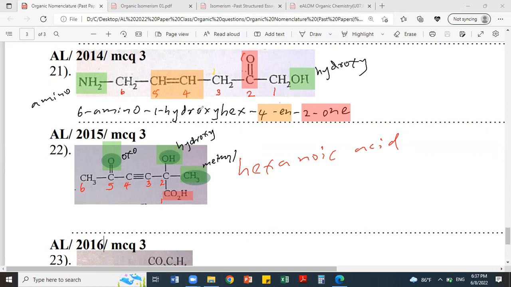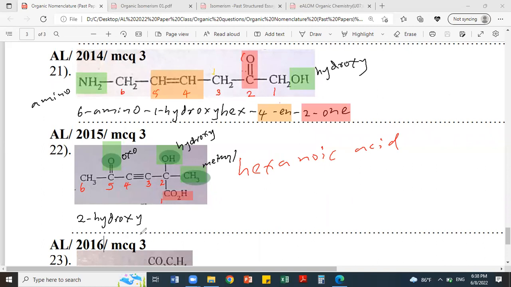Now, how to do it? What should come first? Oxo or hydroxy or methyl? Alphabetical order. 2 hydroxy, right? Why? H comes before M and O according to the alphabetical order.